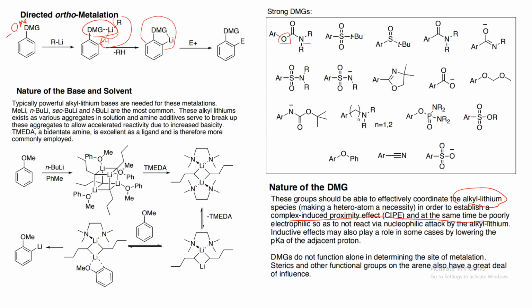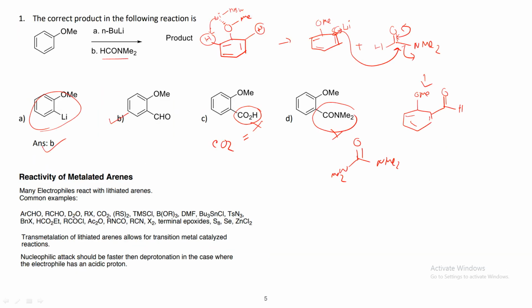Then the electrophiles. What are the electrophiles? I have listed them over here. Here it is for formylation. DMF is used, let's say you want to incorporate one alcohol moiety over here, so you can use ArCHO. If ArCHO is used, then this OH group you can incorporate.